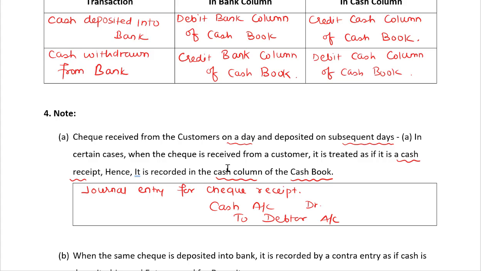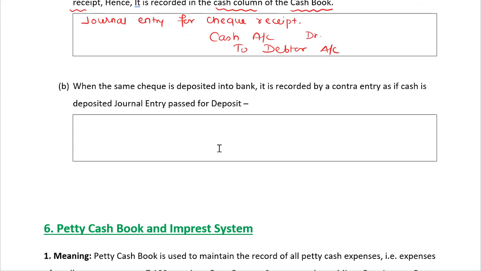I think we are clear. Let's move ahead. When the same check is deposited into bank, it is recorded by a contra entry as if cash is deposited into the bank.